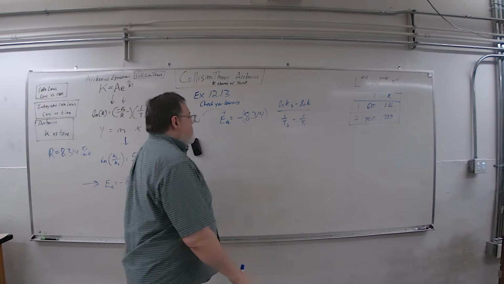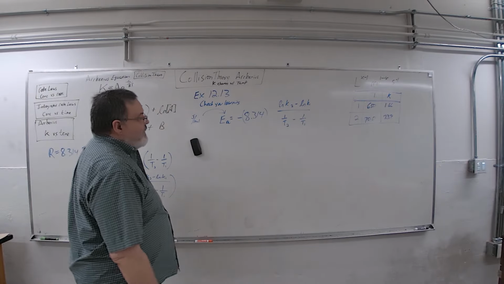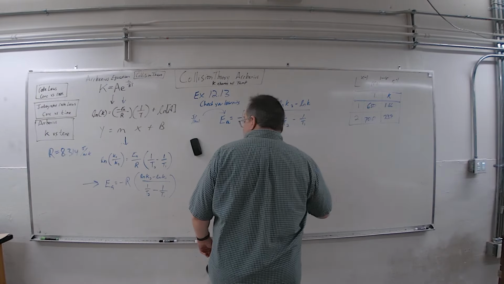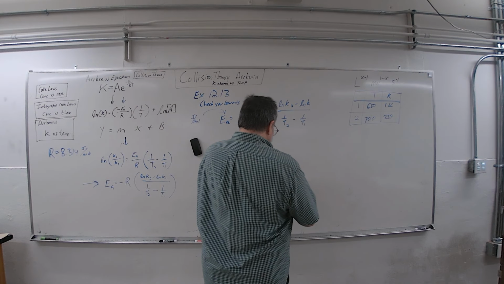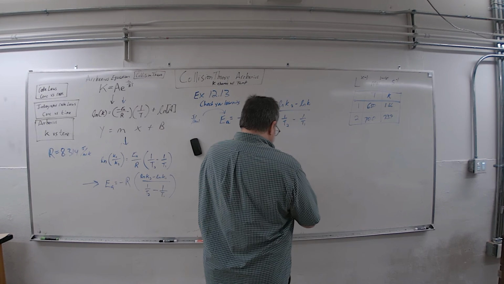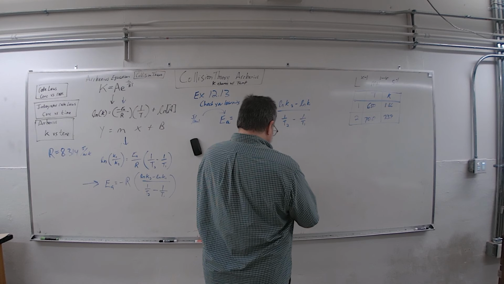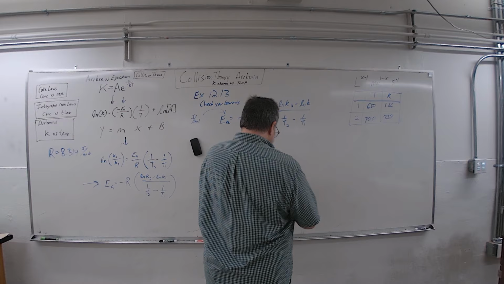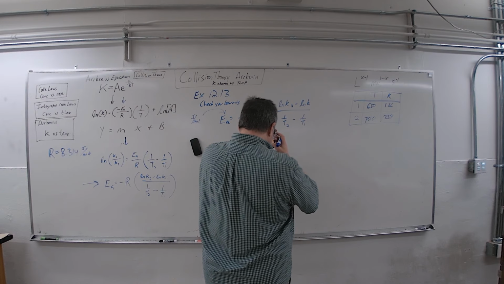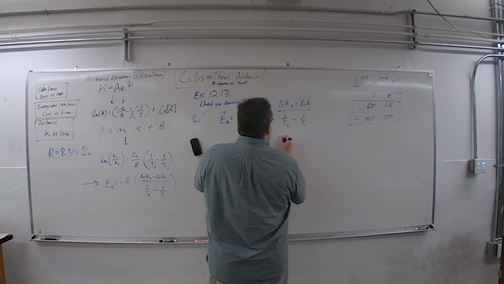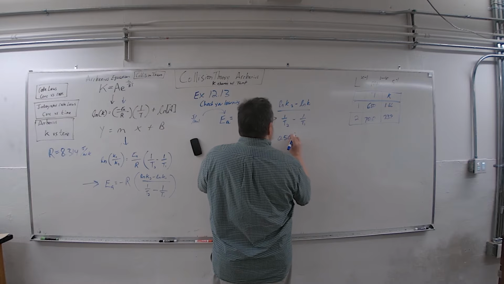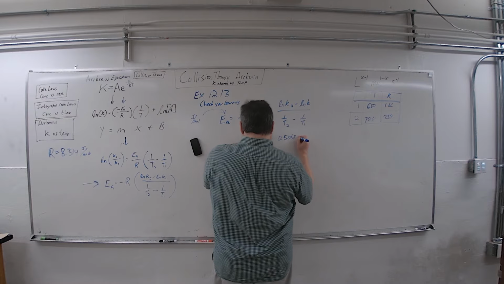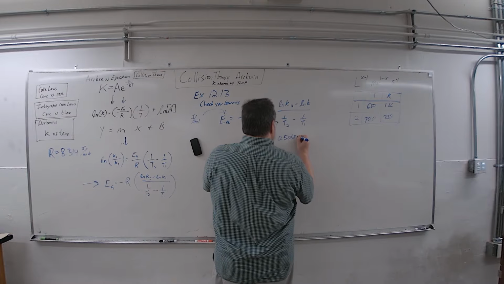So I'm solving like this. Natural log of 1.66. Calculator, scientific. 1.66, natural log, equals. I'm going to keep some extra digits just because we're using logs.